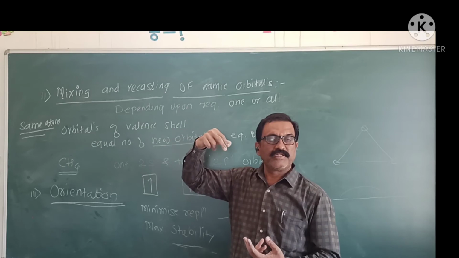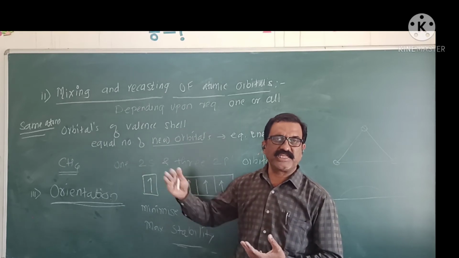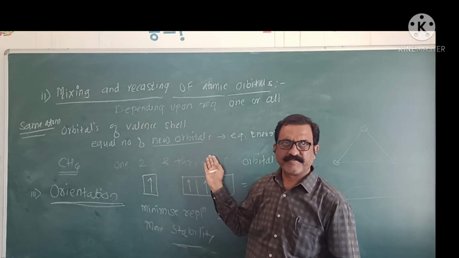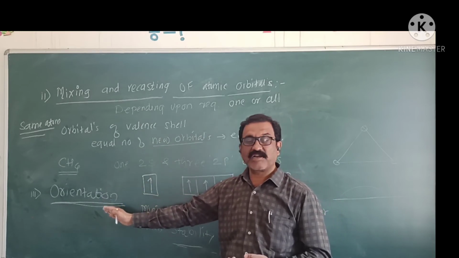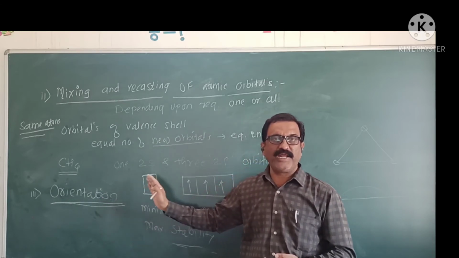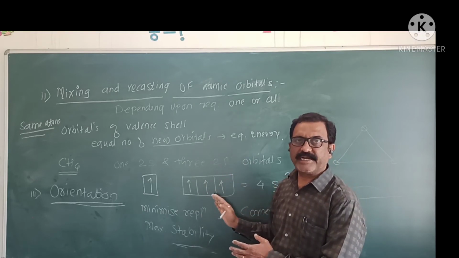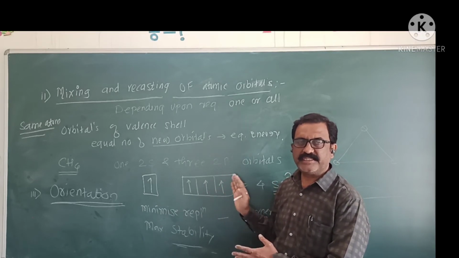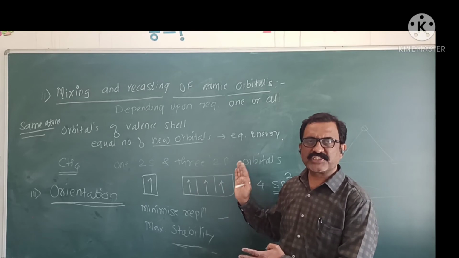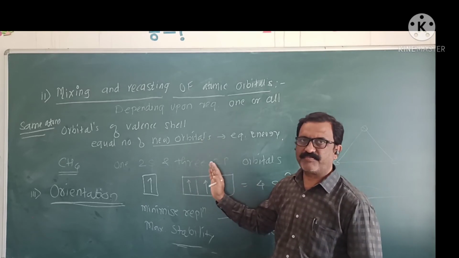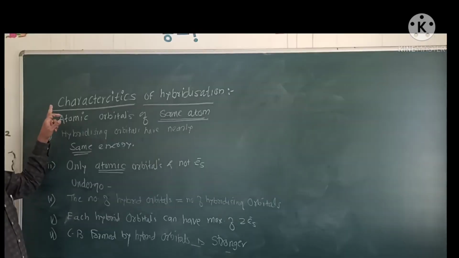Depending upon the requirement, a mixing of atomic orbitals takes place. Then these atomic orbitals are oriented in available space to minimize the repulsion of electrons. These are the important steps of the process of hybridization.